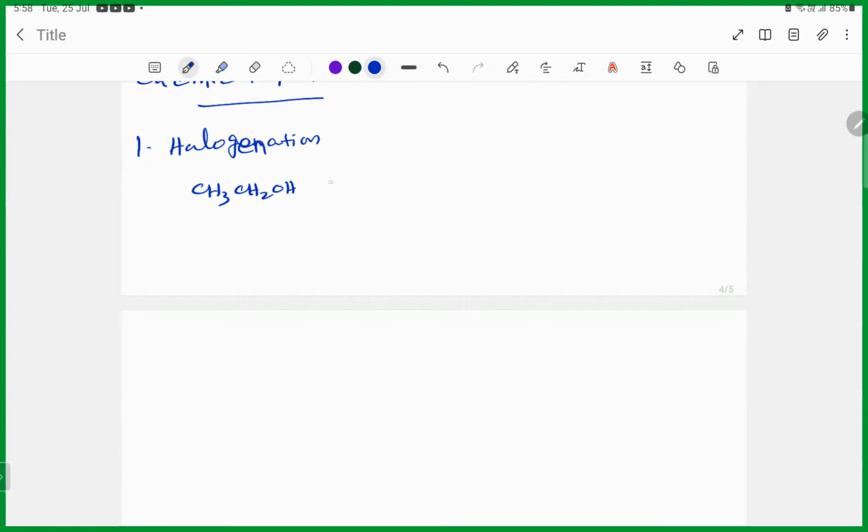Ethanol treated with hydrogen chloride will give ethyl chloride plus water. This is ethanol. This is ethyl chloride.